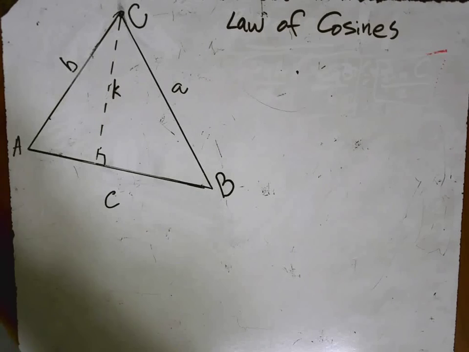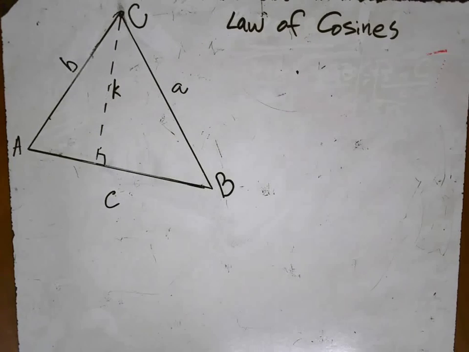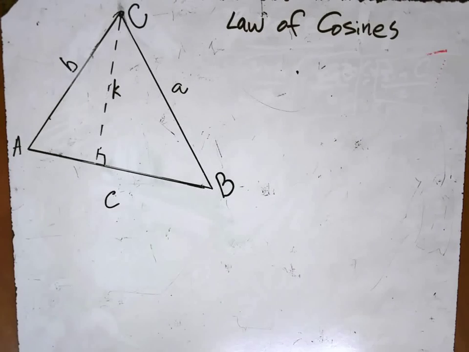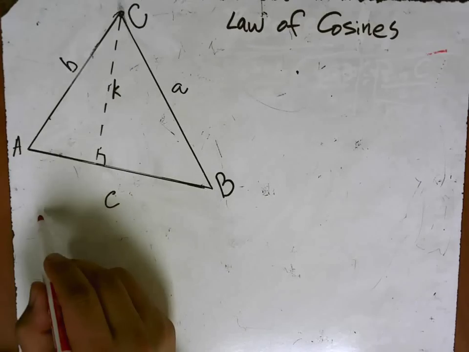One of the motivations for the law of cosines is the limitations of the law of sines. If you work with the law of sines a little bit, you know that there are certain cases that can't be solved. If you're given three sides, the law of sines can't solve it. If you're given side, angle, side, the law of sines can't solve it. So let me give you these cases.